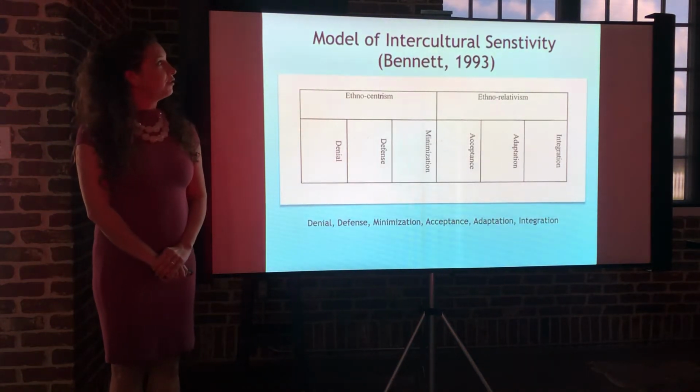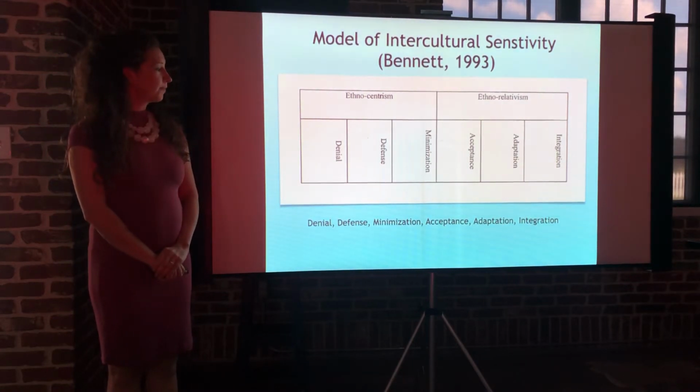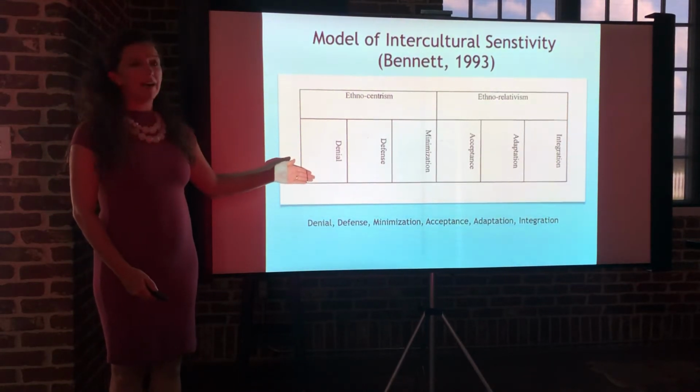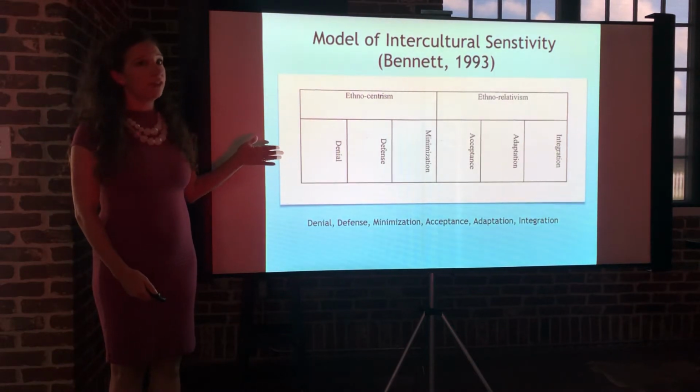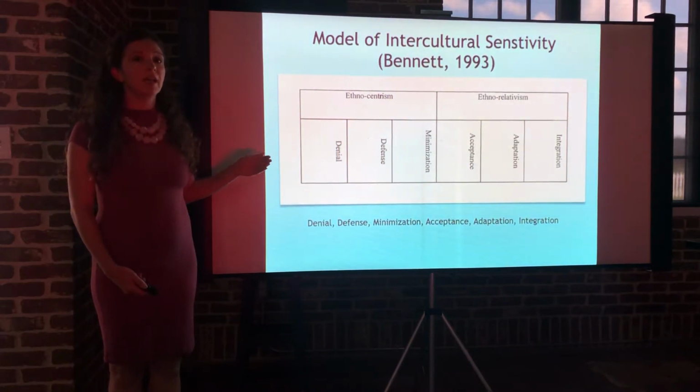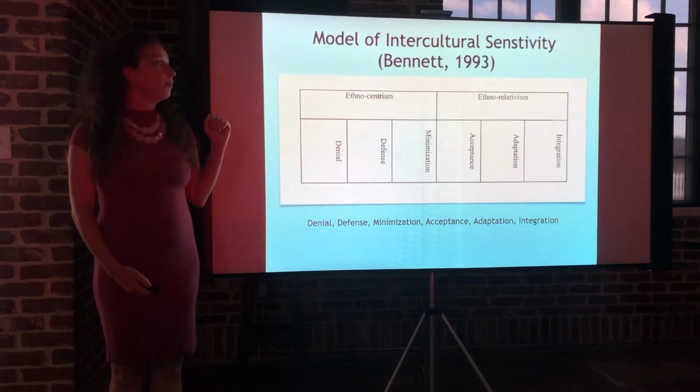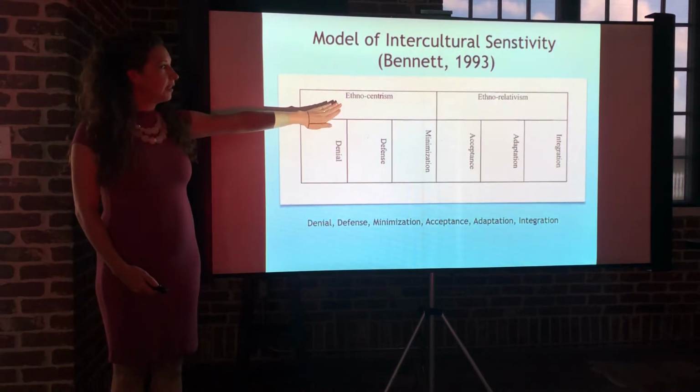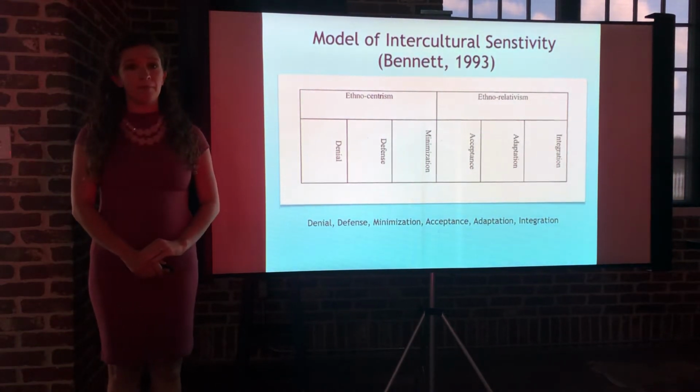Here is a model of intercultural sensitivity developed by Bennett, 1993. Here we have a spectrum, a continuum that shows how individuals can move back and forth between being ethnocentric and ethno-relative.